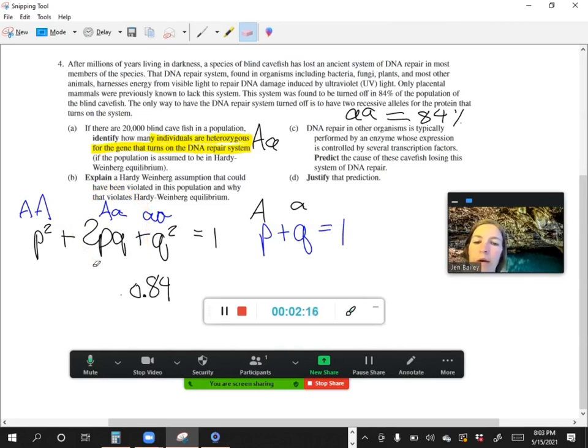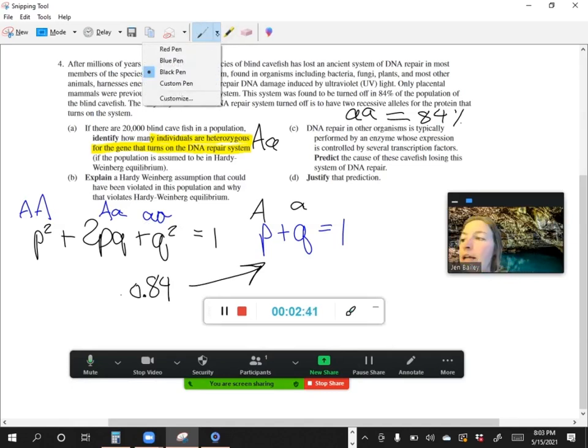How in the world are we going to do that? We don't even know P. Well, wait a minute. We can find out P pretty easily, because all we have to do is plug in for this equation over here. You might say, well, we don't really know Q yet because we only know Q squared. You can easily solve that by taking the square root of 0.84, which is where that 0.92 came from. When I originally did this calculation, I put 0.91.